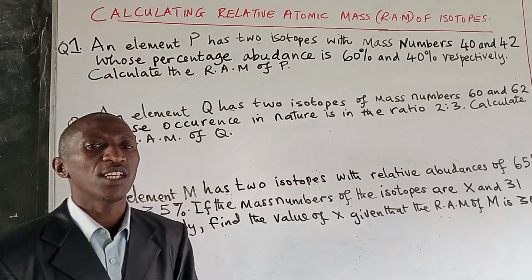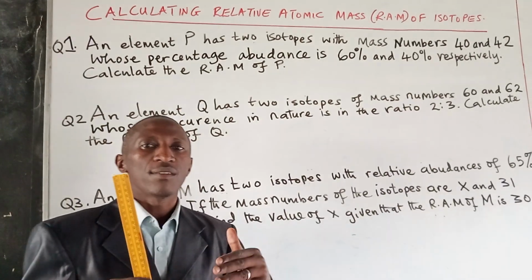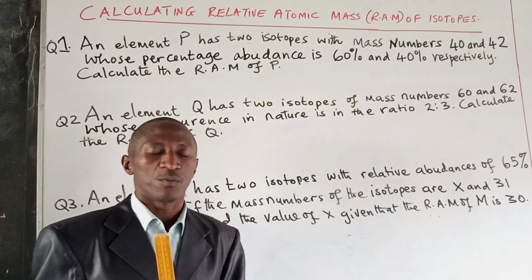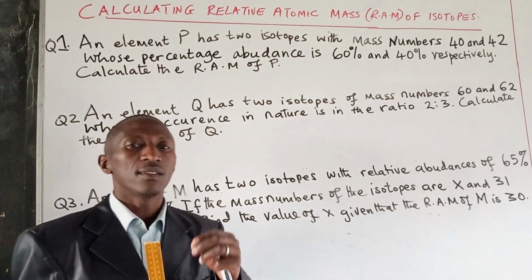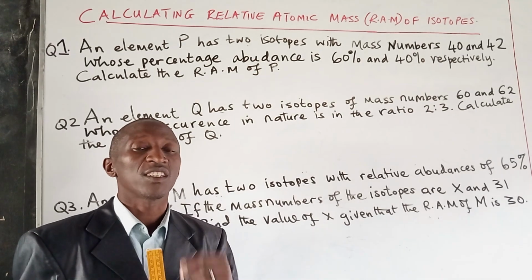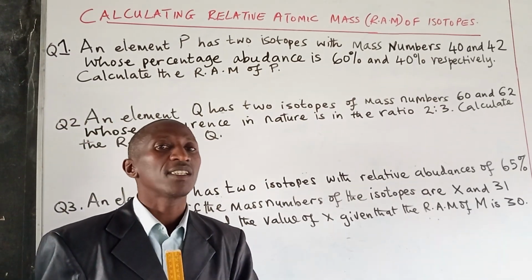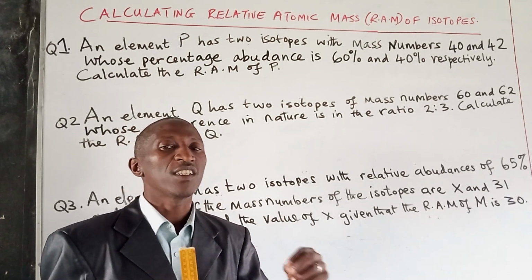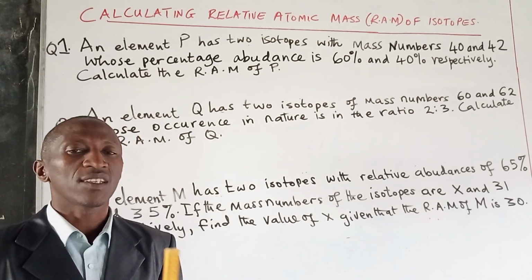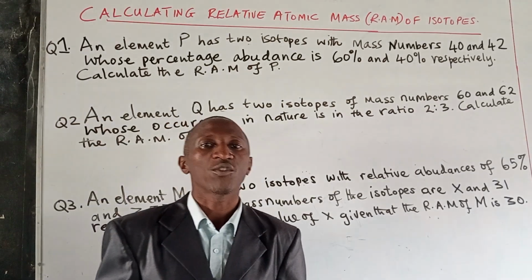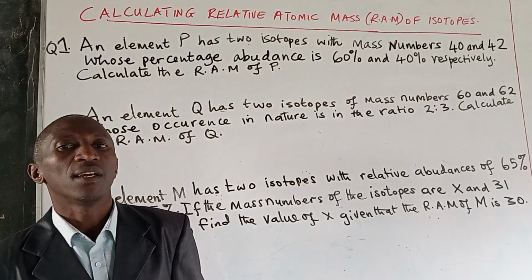First and foremost, I would like us to look at what is an isotope. An isotope is that set of atoms of the same element having the same atomic number, that is, the same number of protons, but different mass numbers, that is, having a different number of neutrons. A common example of an element that has isotopes is chlorine.